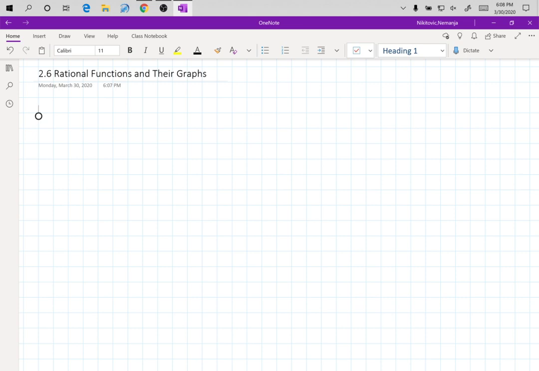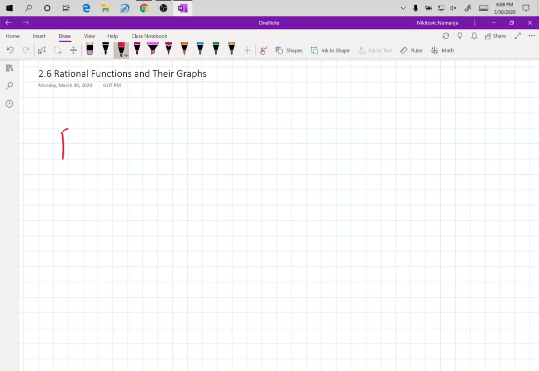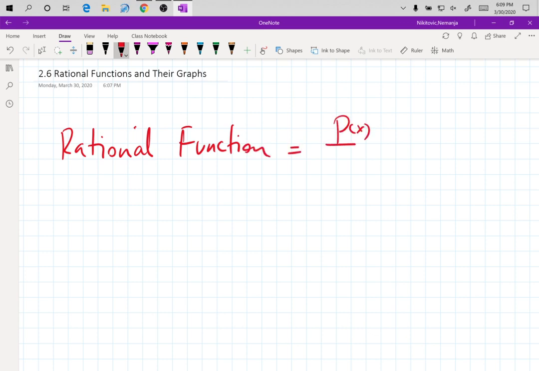So, rational function. Let's go immediately. A rational function is going to be division of two polynomials, so p of x divided by q of x, both of those polynomials.